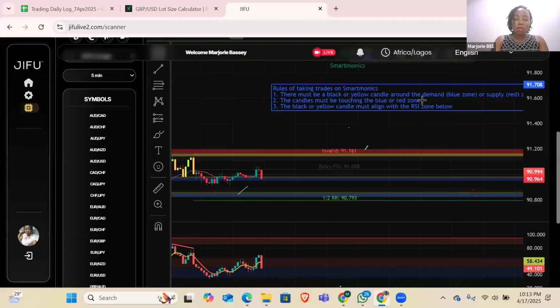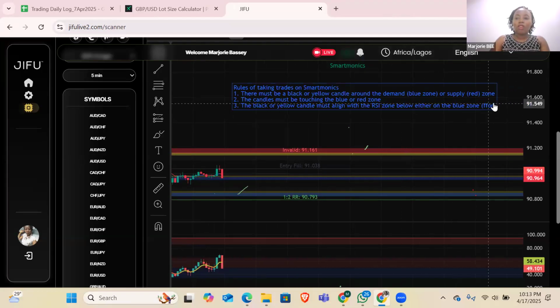The black or yellow candle must align with the RSI zone below, either on the blue zone for a buy, or the red zone for a sell.